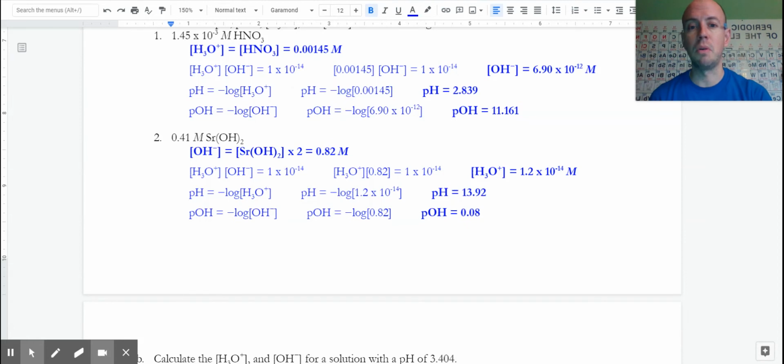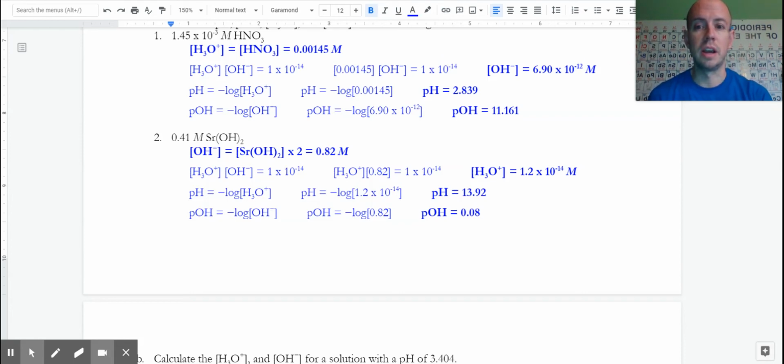On the second example, almost the exact same things, but recognizing two things here. One, we have a base, so we're going to be given hydroxide concentrations. And secondly, when we do have that little subscript, especially on our strong bases, we can know that that dissociates to form 2 hydroxides for every mole of strontium hydroxide, which is where the 0.82 comes from.